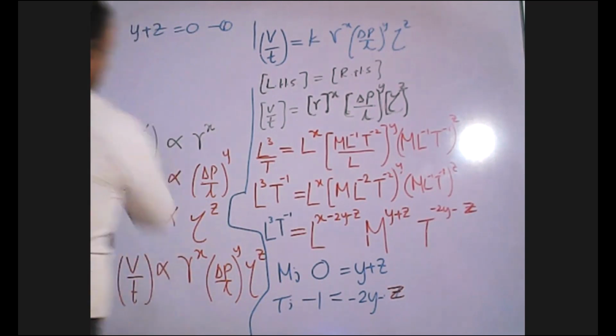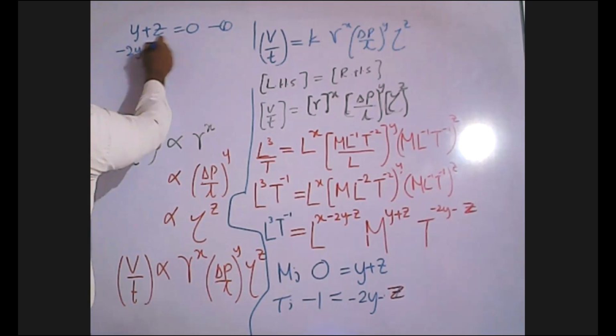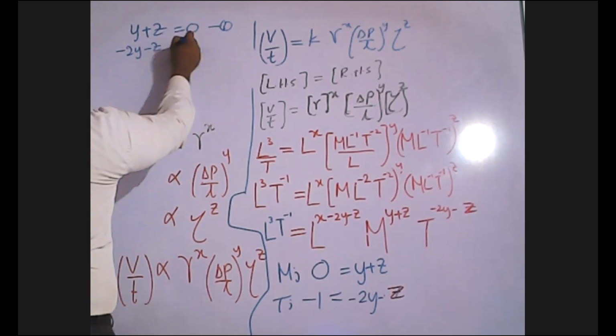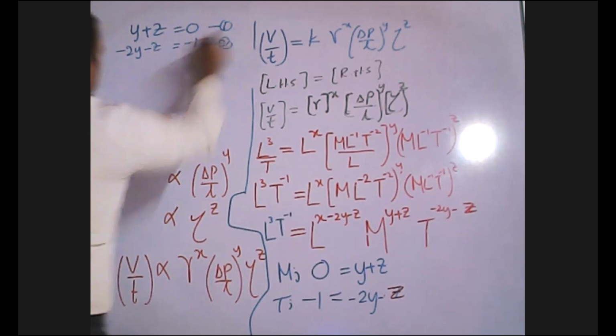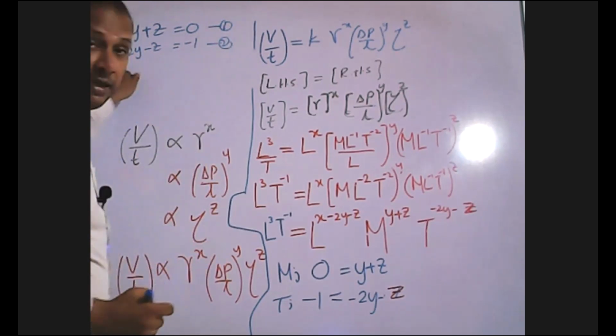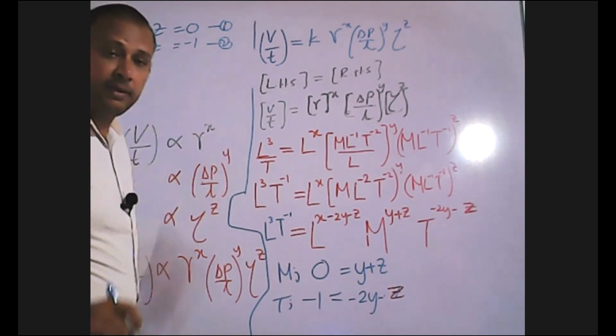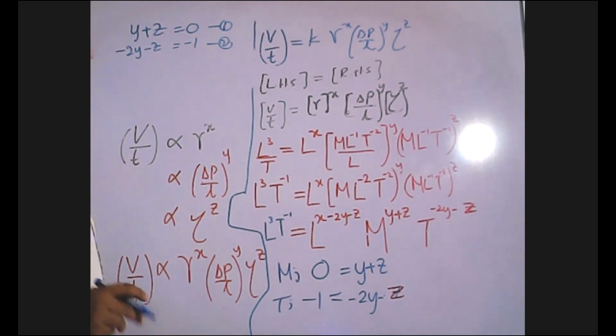Okay. Minus 2y minus z is equal to minus 1. If you want, you can multiply both sides by minus 1. Otherwise, you can keep this and do the calculation.